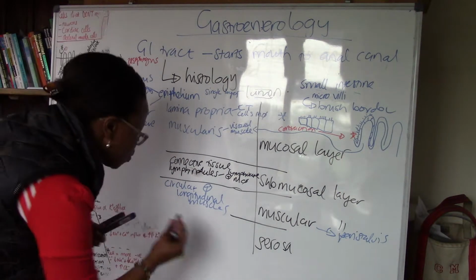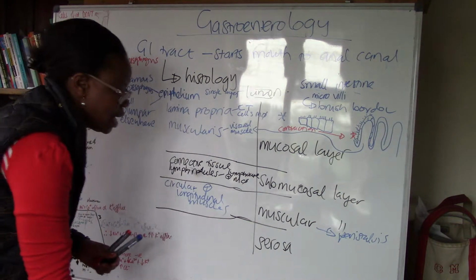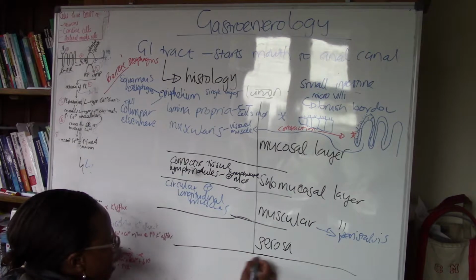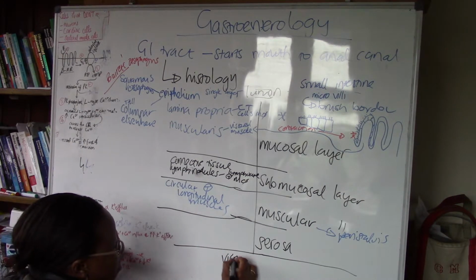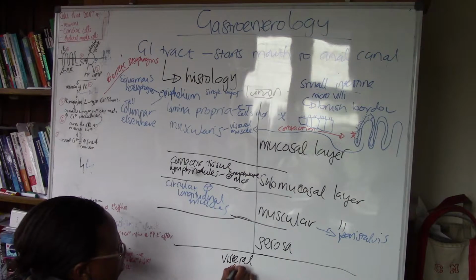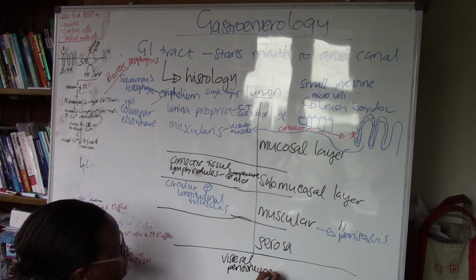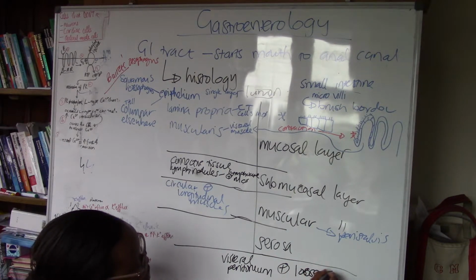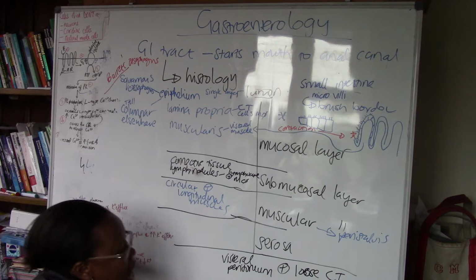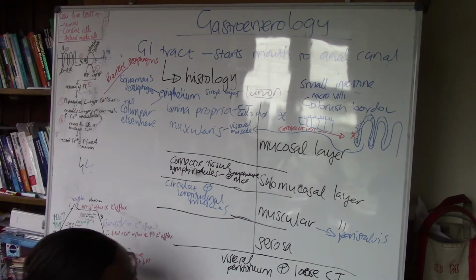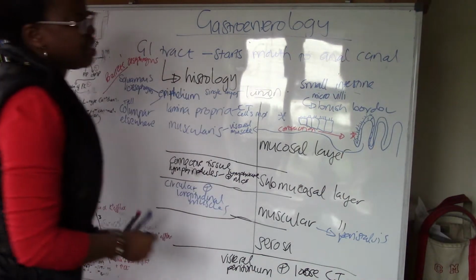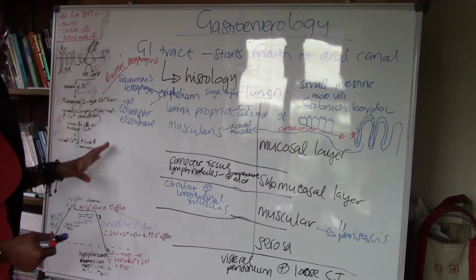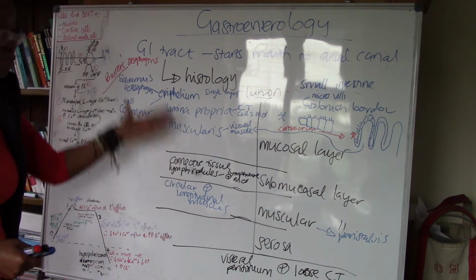And then the serosal layer is the outermost layer. It will have a visceral peritoneum, and it will also have loose connective tissue, which again has fibroblasts, elastin, blood vessels, etc. So this is the general layout of the GI tract.